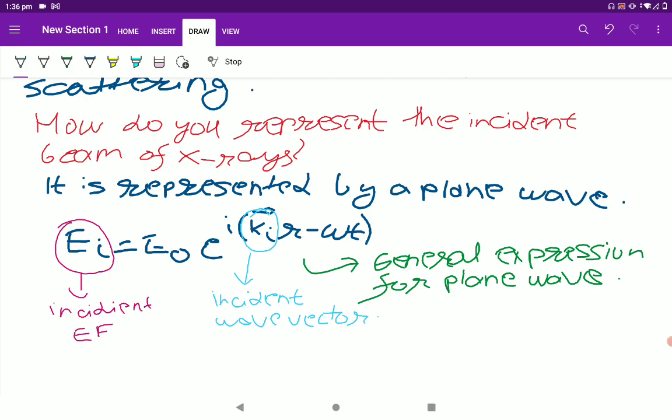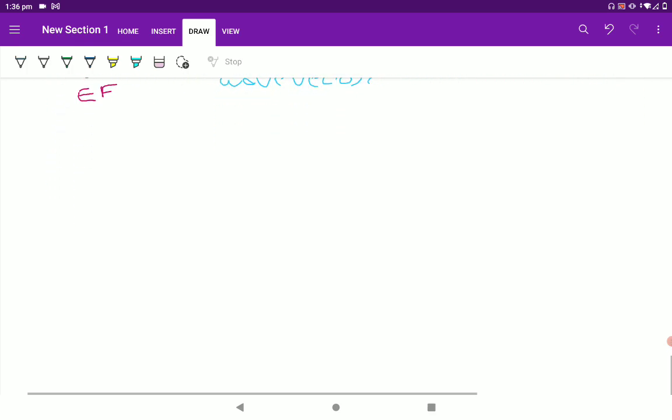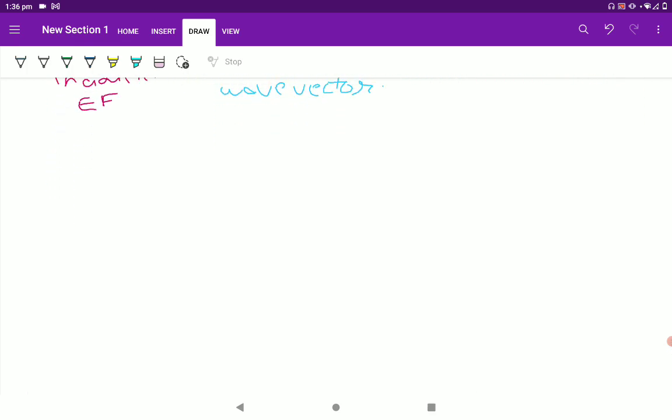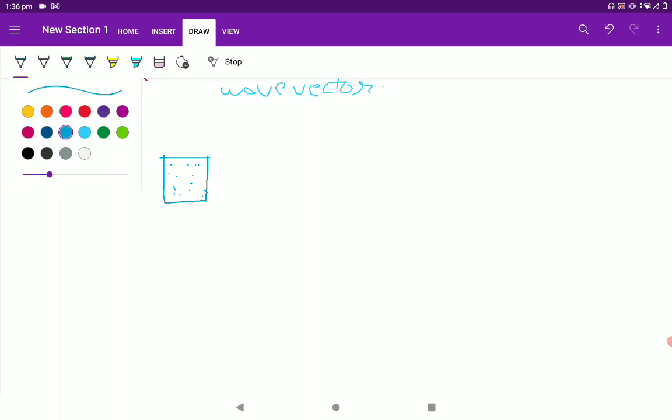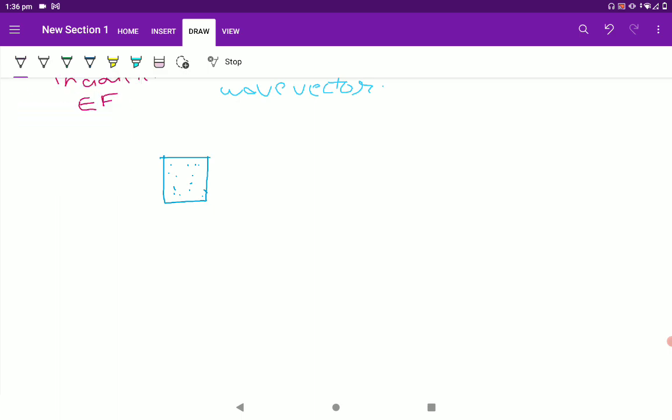Let me represent it by a diagram. So this is our crystal.